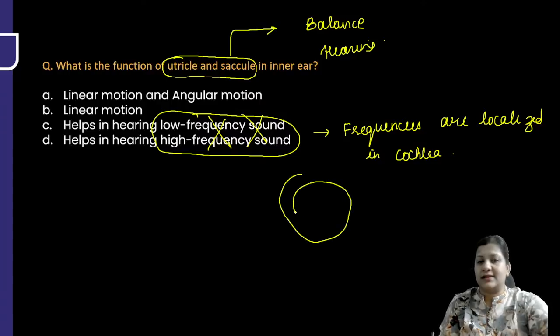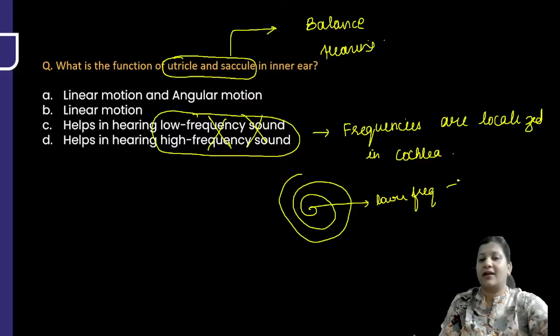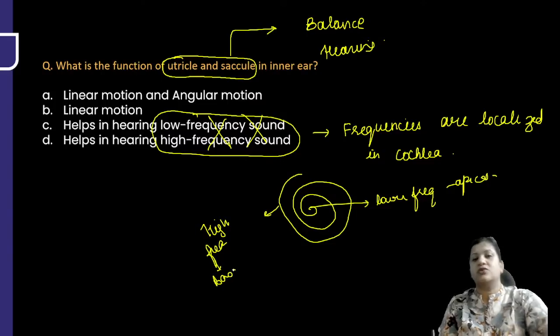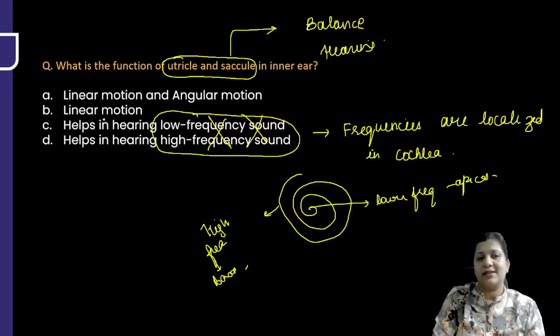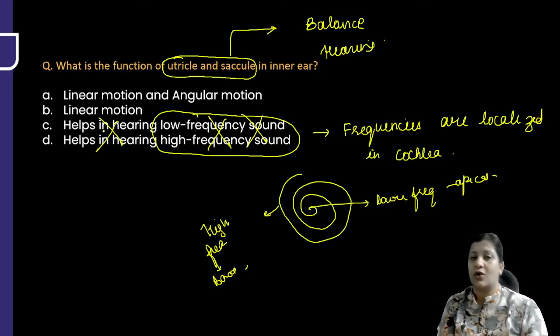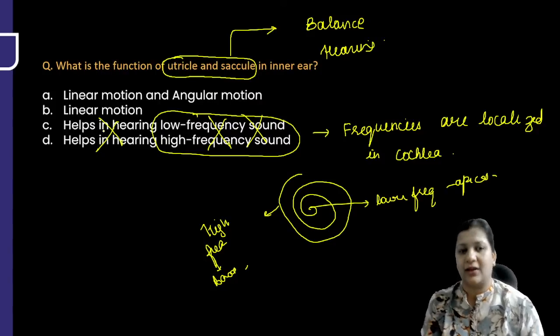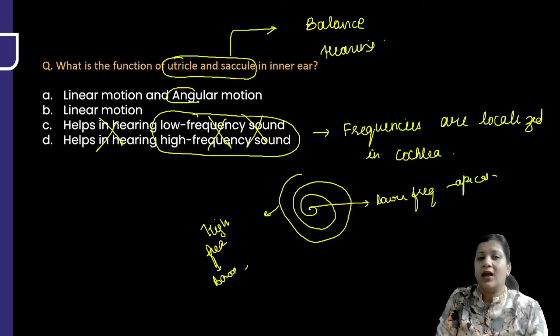Lower frequencies are heard at the apical turn. So lower frequencies are at the apical turn. Higher frequencies are heard at the basal turn. So we are cutting off the frequency C and D options because that is not the function of utricle and saccule. Now coming to angular motion.